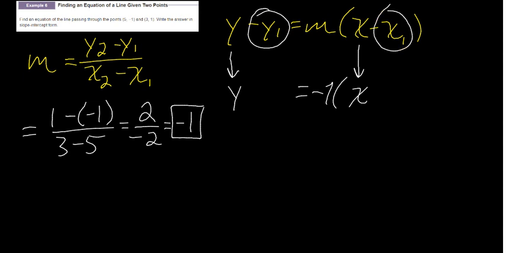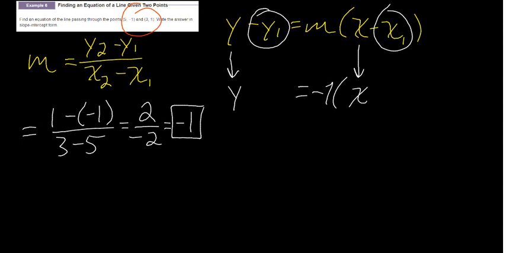The y1 and x1 represent a point. Well, in this particular problem we've got 2 points. Which one do I use? Well, the answer is always going to be the easiest one. They both work, and I'll demonstrate how they both work in a moment.